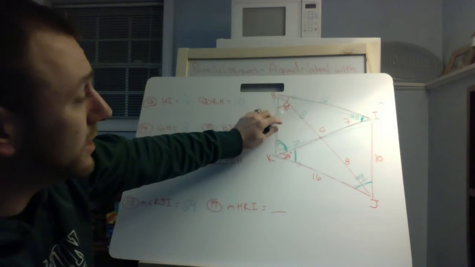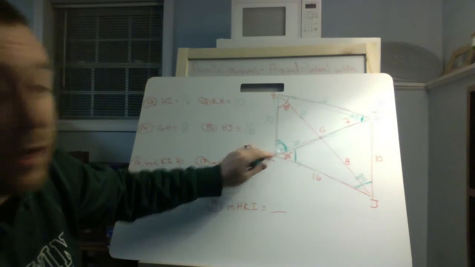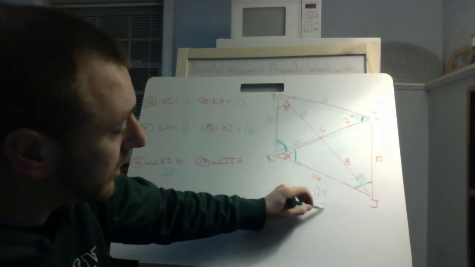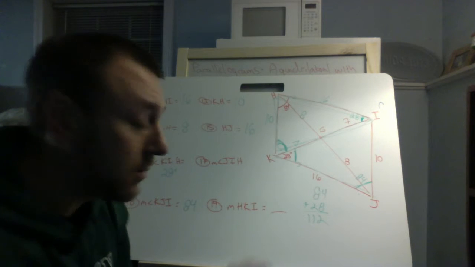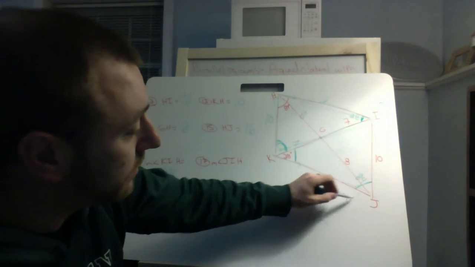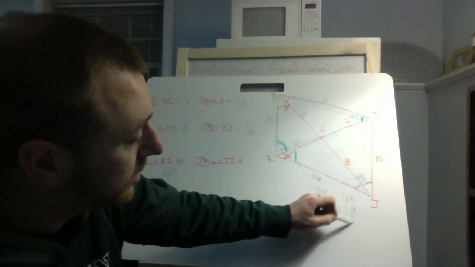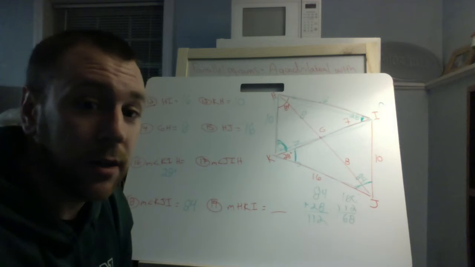I know this is 84 and that's 28, and this is the number I'm looking for. So I'm going to take 84 and add 28 to it. We get 112. Then I'm going to take the 112 and subtract it from 180, and I'm going to get 68. Because I know the angles of a triangle add up to 180.